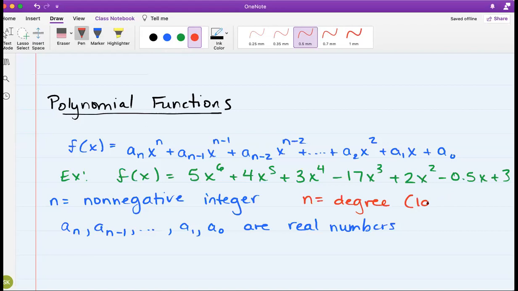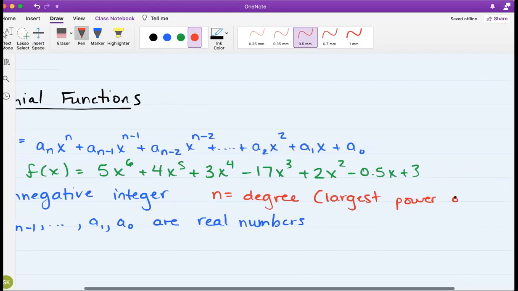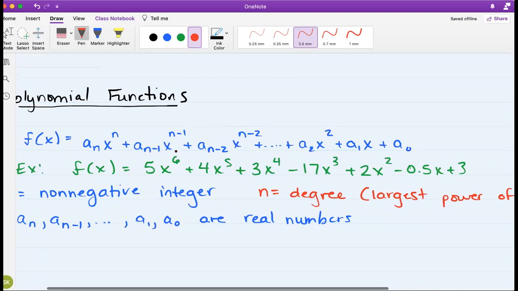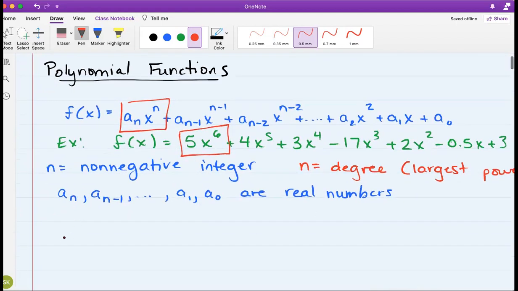It's the largest power of x. So for this particular example, the largest power is 6. Now this term is a very special term, and we call it the leading term. So a sub n x to the power n is what we call a leading term.